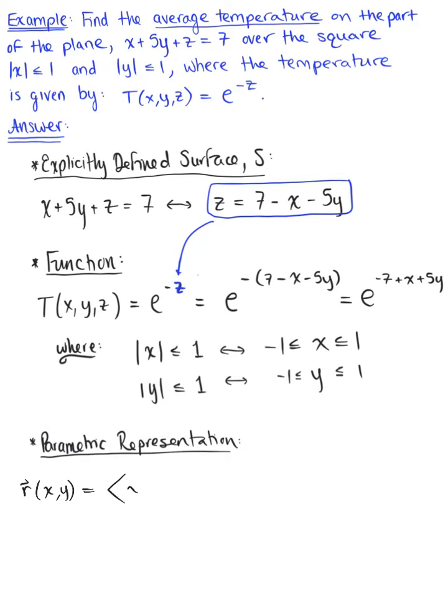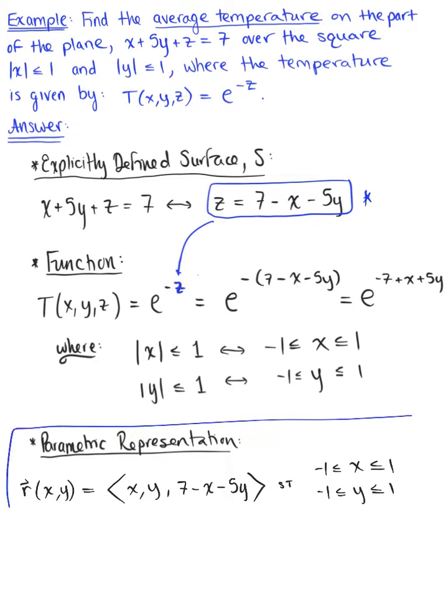So we're taking that explicitly defined surface that we first found and replacing the z coordinate with it. So instead of z, we write 7 minus x minus 5y. And this is such that x is greater than or equal to negative 1, less than or equal to positive 1, and y is also greater than or equal to negative 1, less than or equal to positive 1. So here is our beautiful parametric representation.